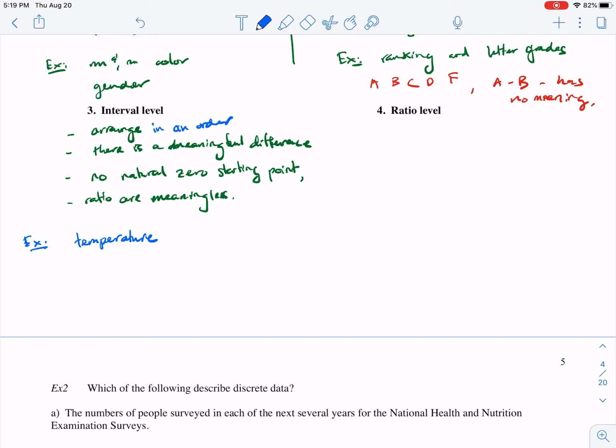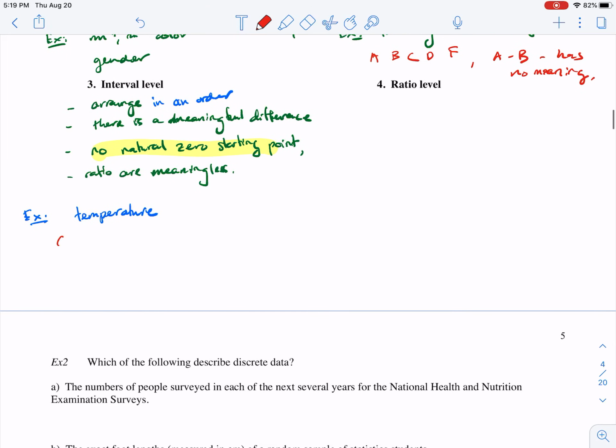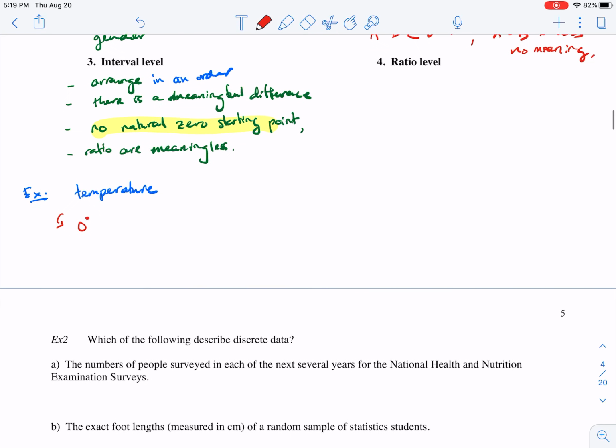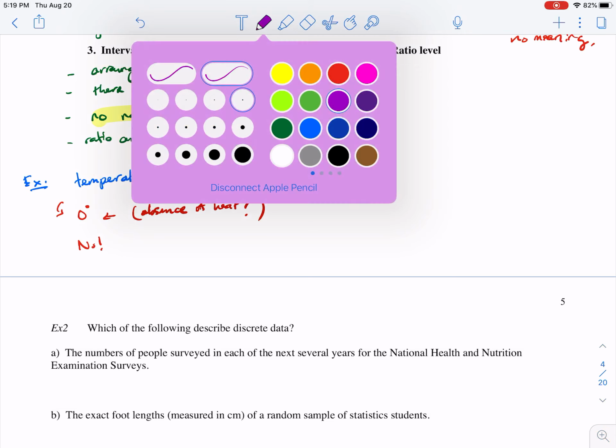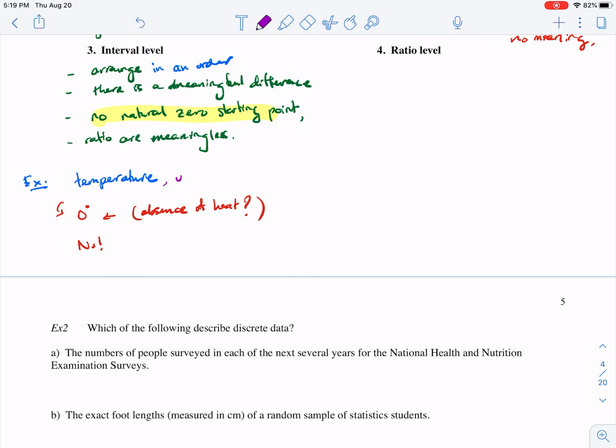Now, does 0 degrees mean absence of heat? No. Zero does not mean zero quantity of heat. Another example, besides temperature, would be years. When we say the year zero, does that mean there's no time at all? There's still time present. So there's no natural zero starting point.